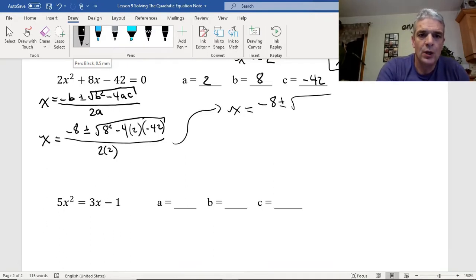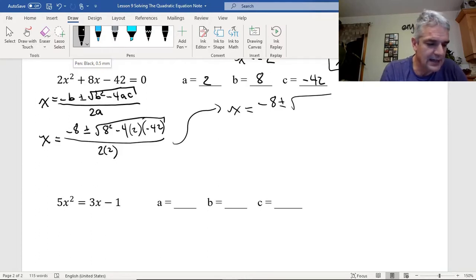Okay, so typically, you can go about it any way you want. You can just write 8 squared minus 4 times 2 times minus 42, or you can do one part and work it out yourself. You have to figure out how best to use your calculator in this situation.